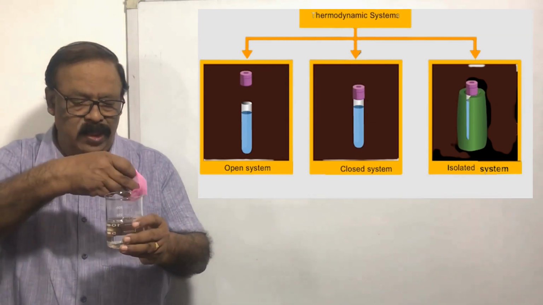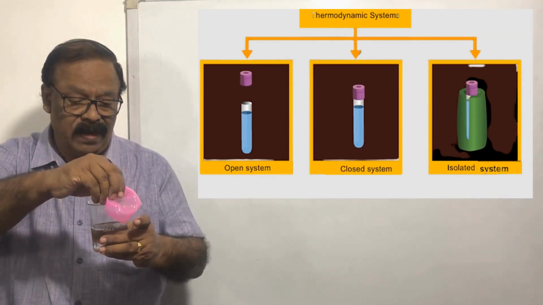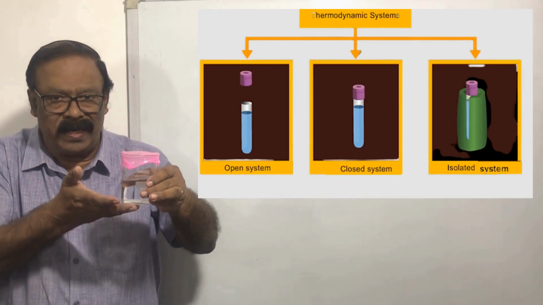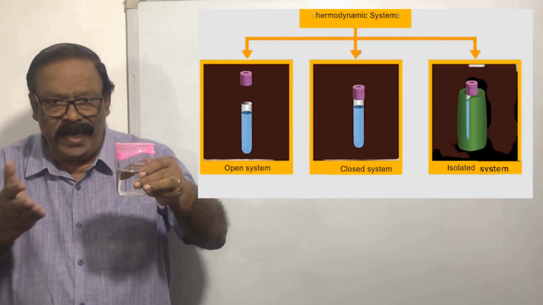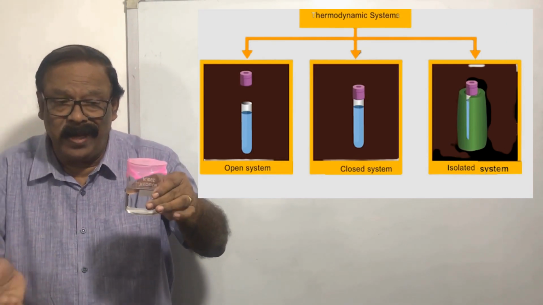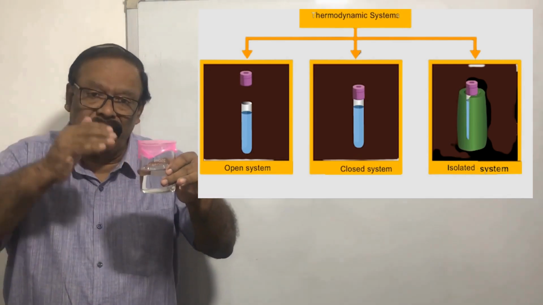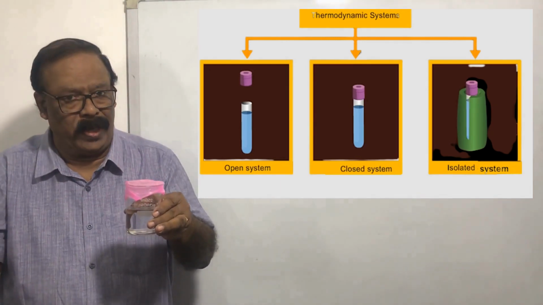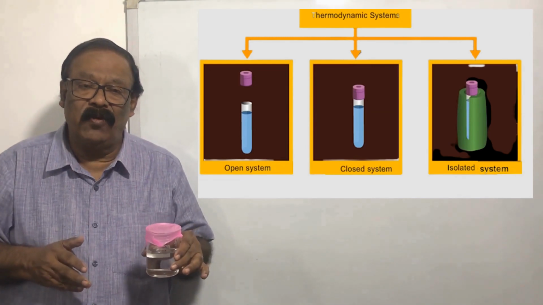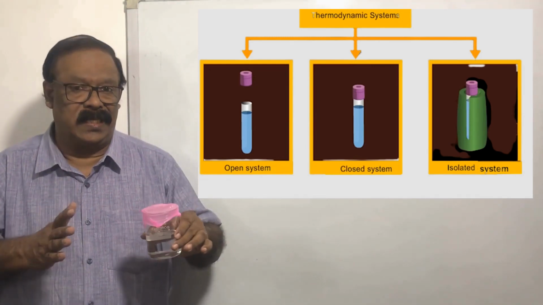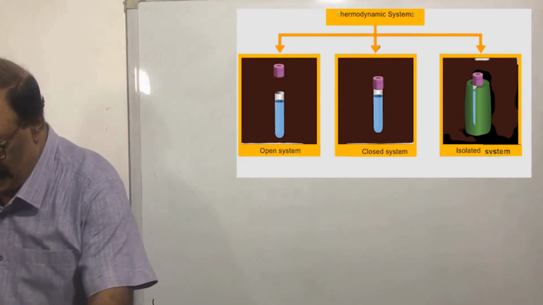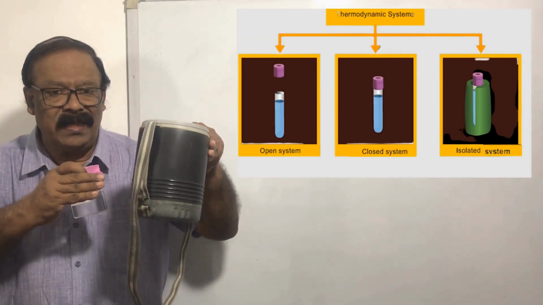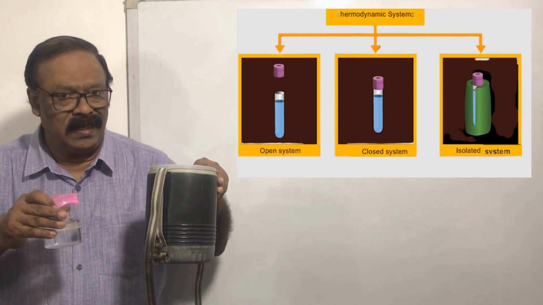Now I am closing this beaker with a cover. It's a closed beaker. Now if I am heating water, of course heat may enter from the surrounding to the system, but from the system water vapors will not escape to the surrounding, and this is an example of a closed system. Now this is an insulated vessel. The walls are thermally insulated.